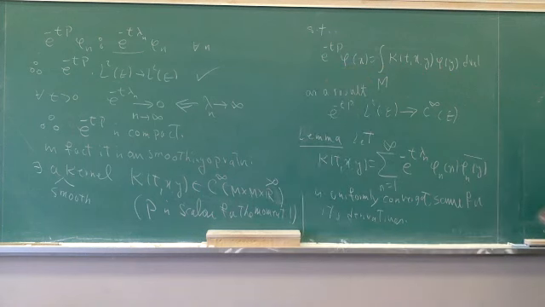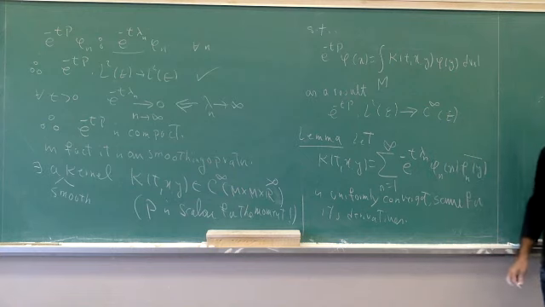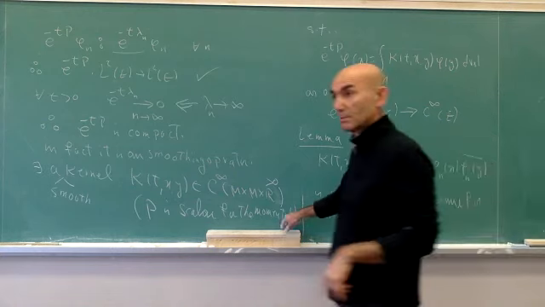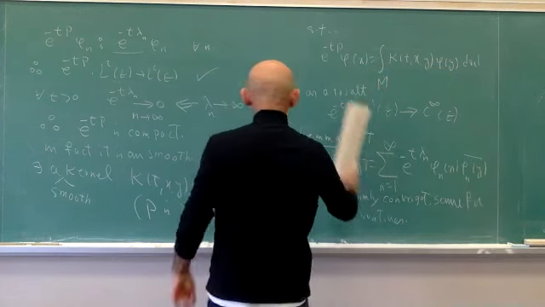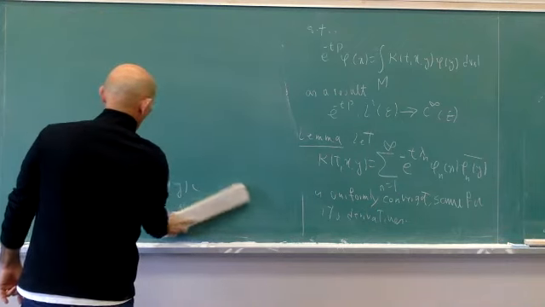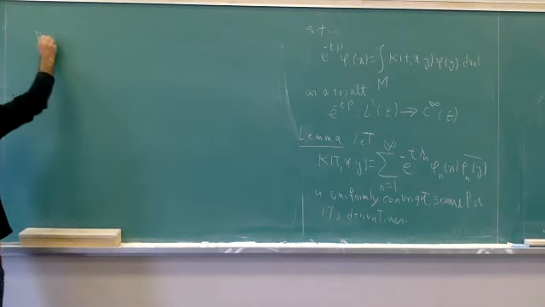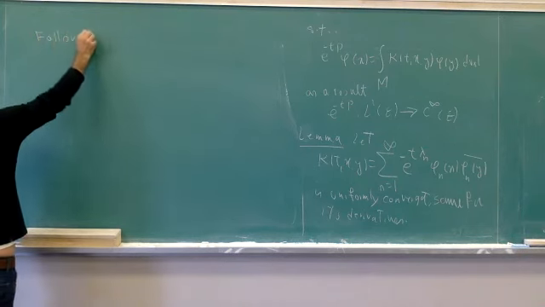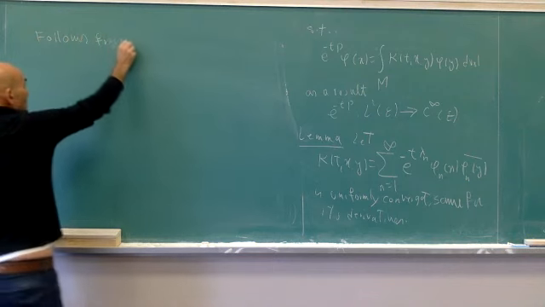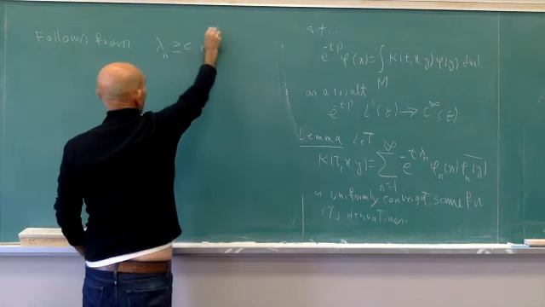Now, to show uniform convergence in this case is not bad because we have these estimates on lambda n's. Lambda n's grow polynomially, right? So this follows from the estimate that we had, that lambda n is bigger than or equal to c n to the power delta.